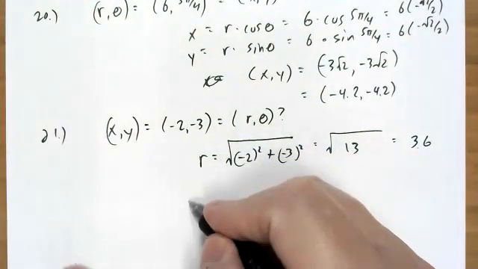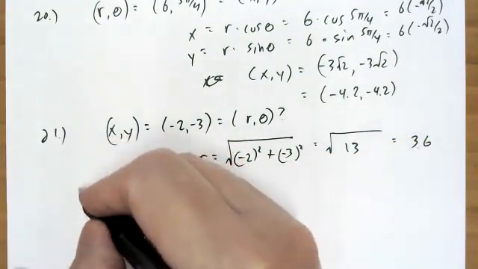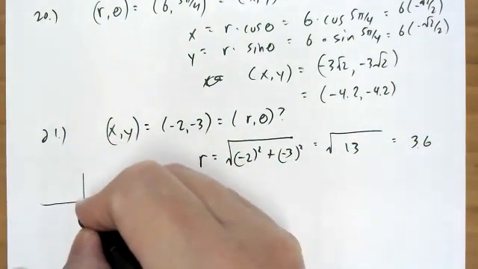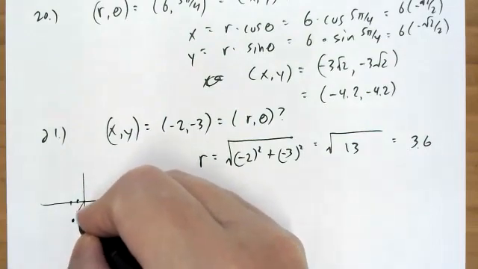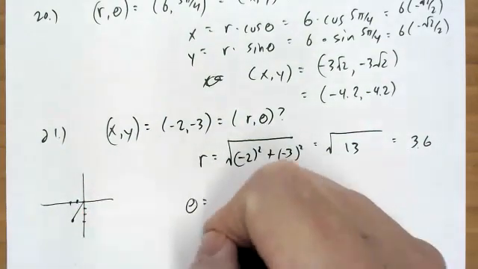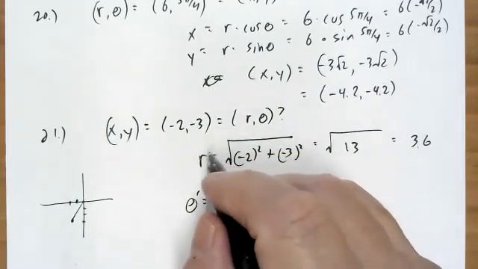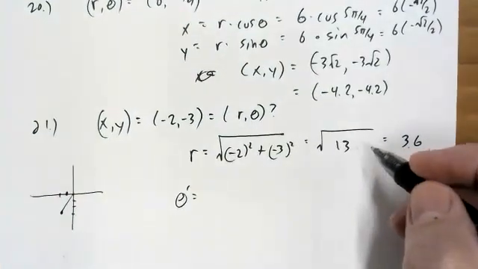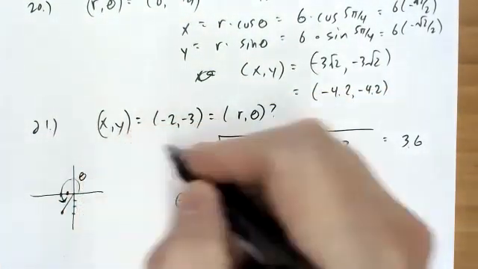And once again, just like with vectors, the theta is going to be tricky. Matter of fact, I know this is in the 4th quadrant. So this initial calculation is not going to be really the correct angle. Once again, here's my angle.